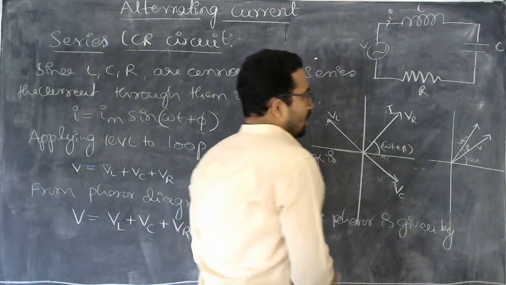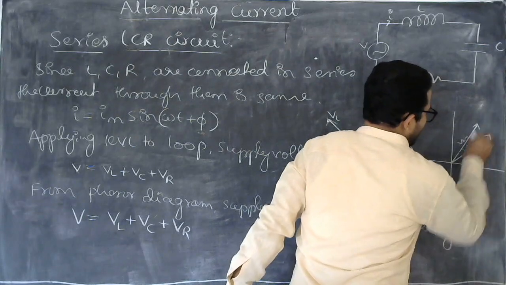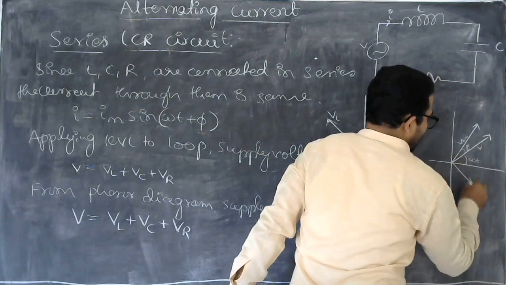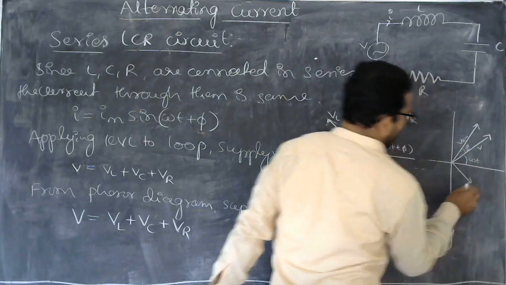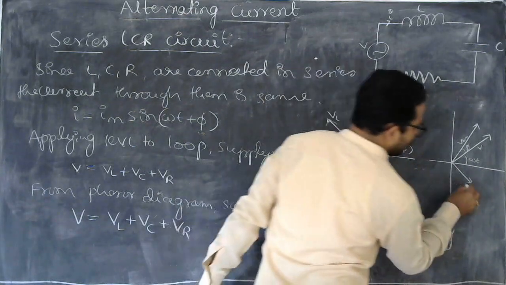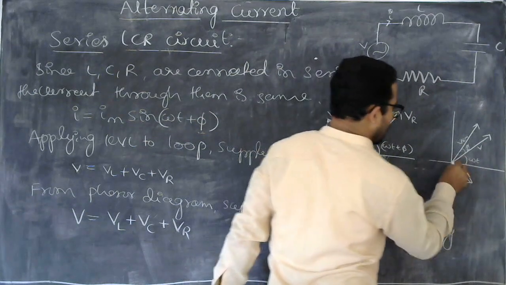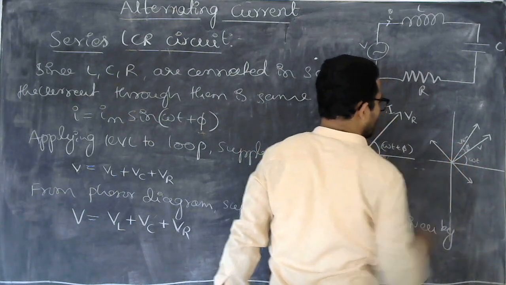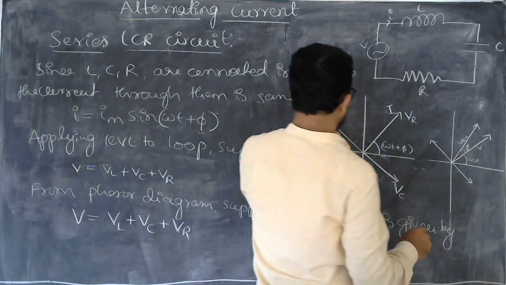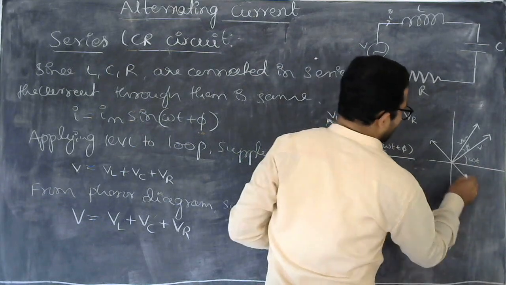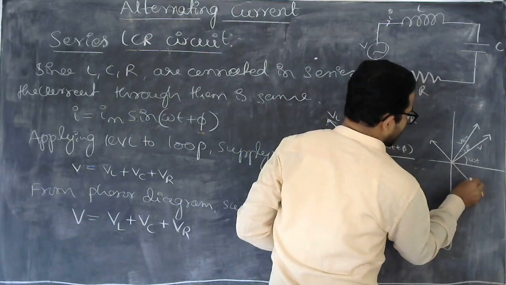Now this is V, and this is I. Here is VL, but what you can write is this is the resultant.